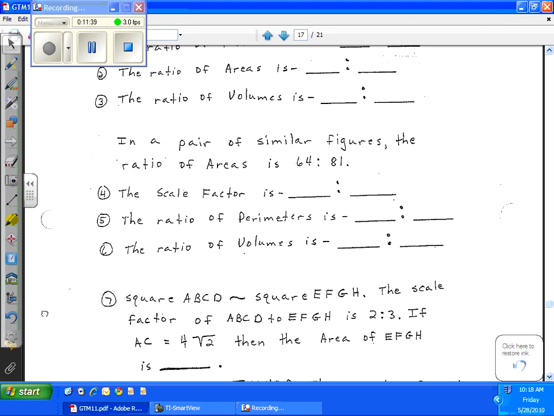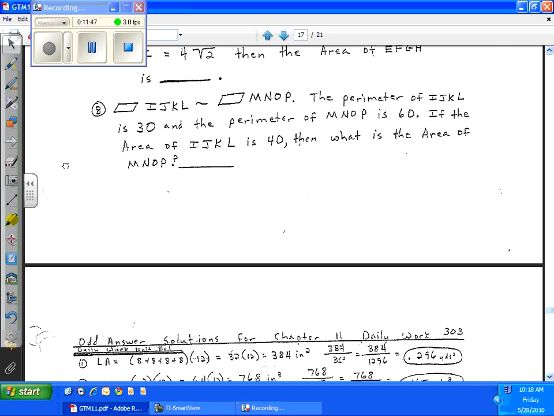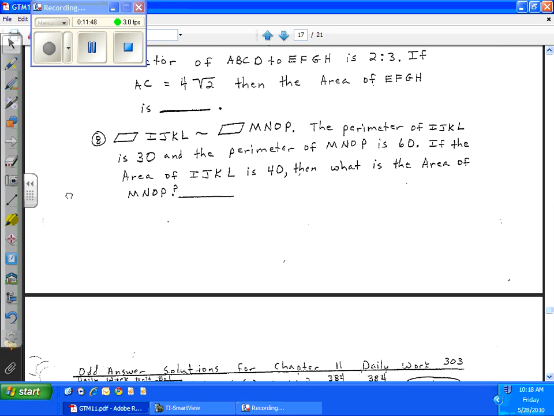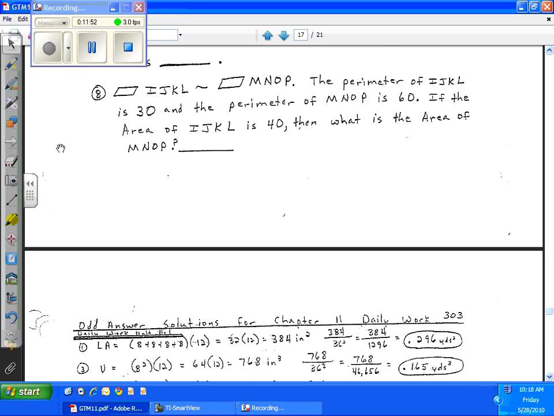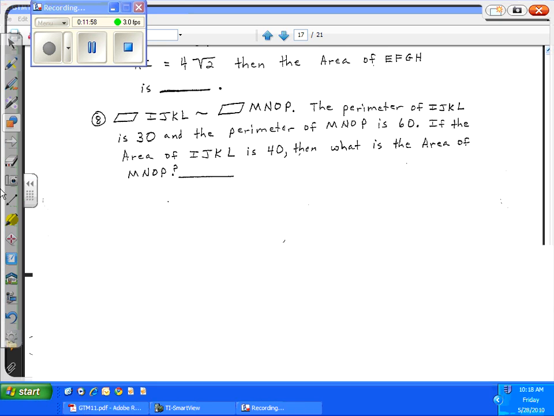Okay. Let's look at some of the word problems. 7 and 8. 7 is an odd answer solution, so you could check that out if you were stuck. So let's just look at number 8. It says parallelogram IJKL is similar to parallelogram MNOP.